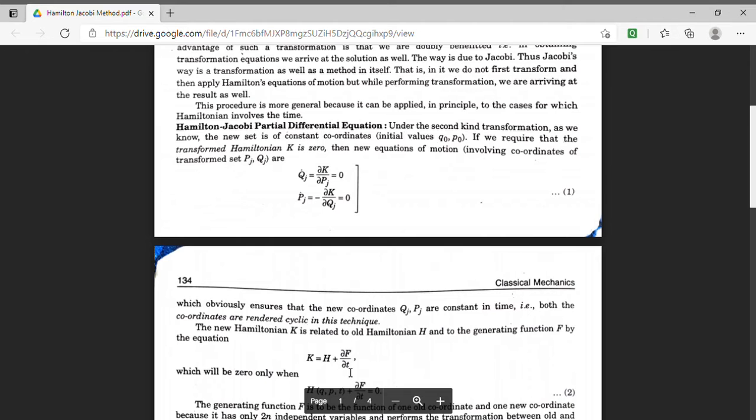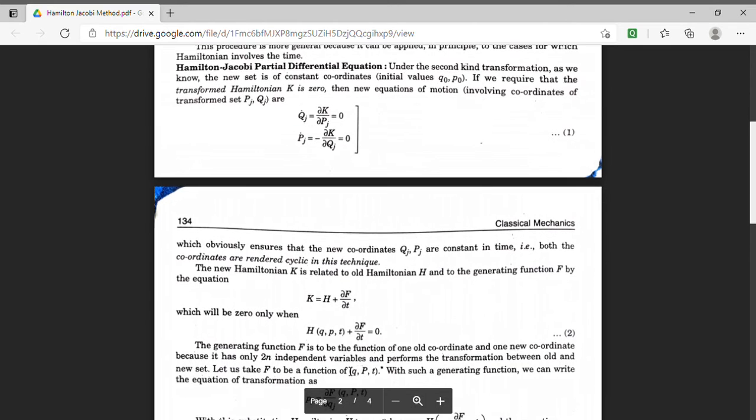Since we have taken K to be equal to 0, substituting it to be equal to 0, and H is the Hamiltonian in the old set of coordinates. So we have H dependence on small q, small p and T, and let us take the function F to be of the second form.